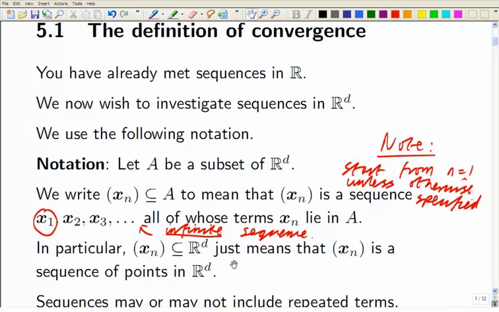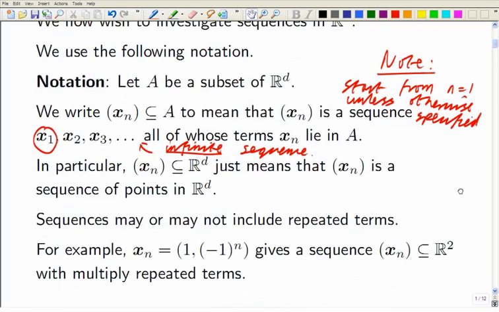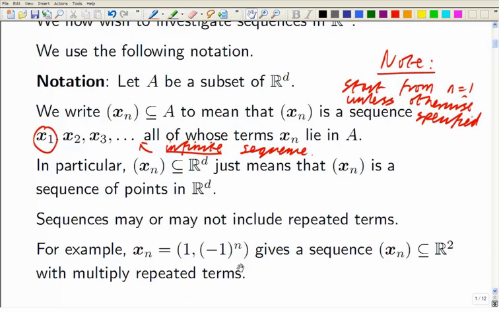And sometimes we'll just write xn as a sequence in R to the D this way. And you might have some repeated terms or not. Here's one which keeps jumping backwards and forwards between 2 points of R to the D. So you could write this out in full.